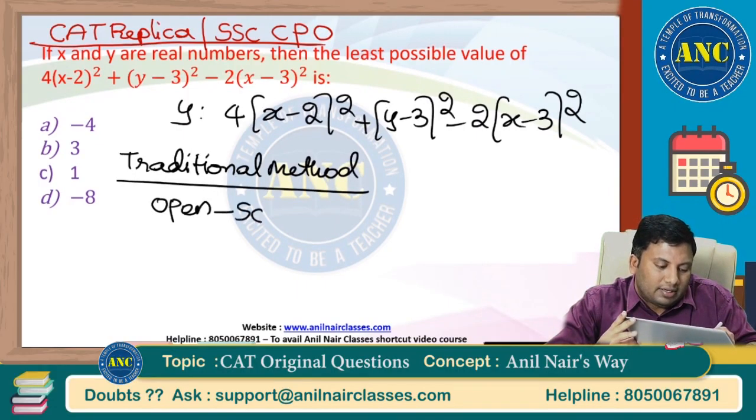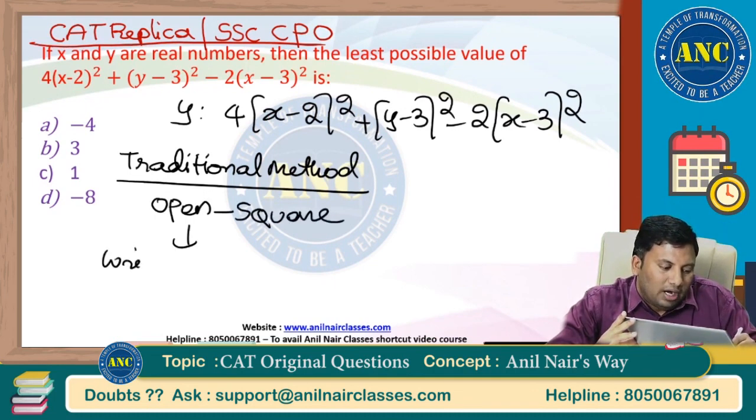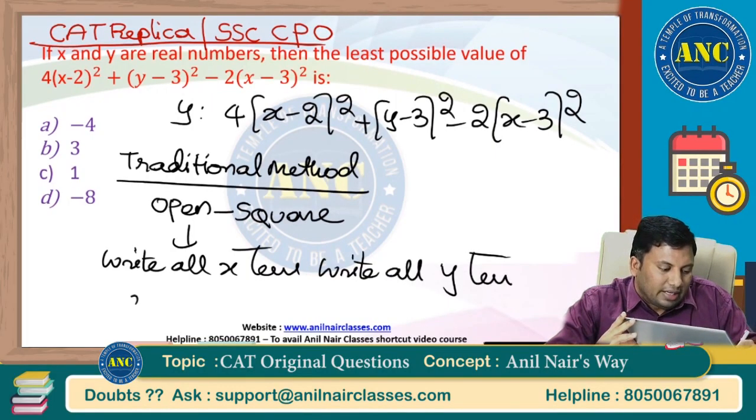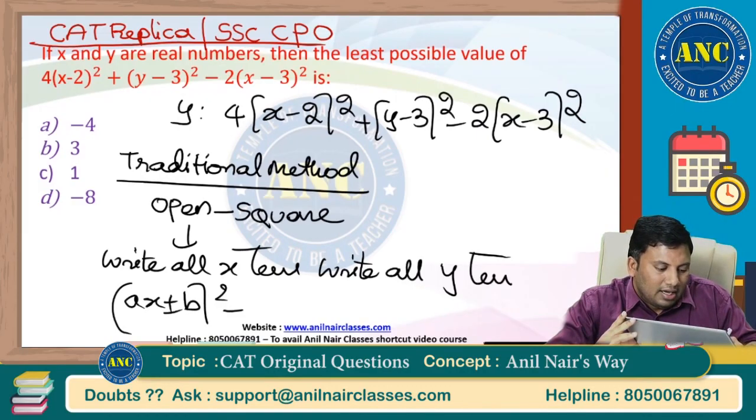Open the square. Write all x terms at one side. Write all y terms at one side. Try to write it as a(x plus or minus b) whole square plus (py plus or minus q) whole square plus k.